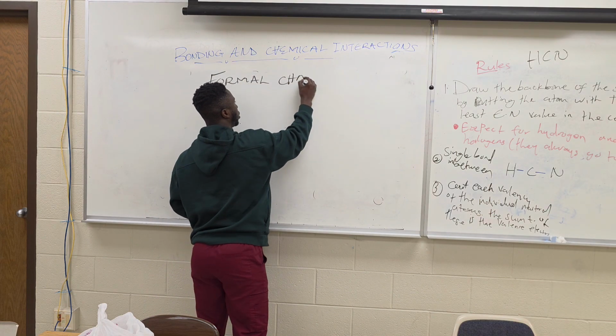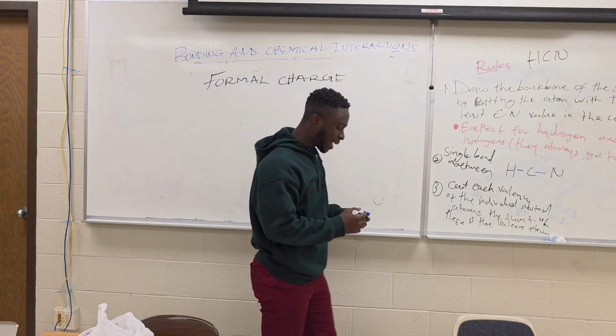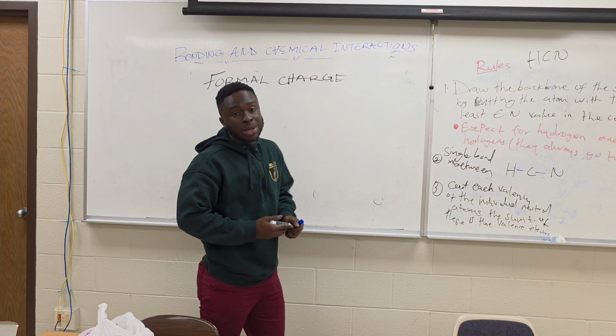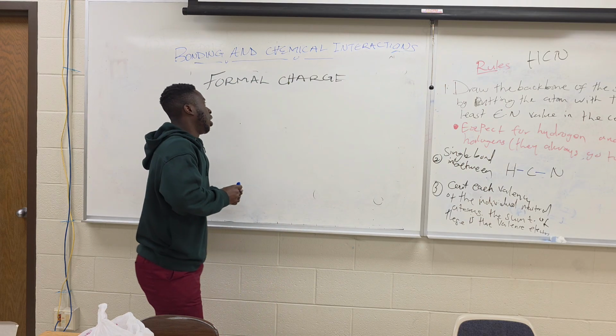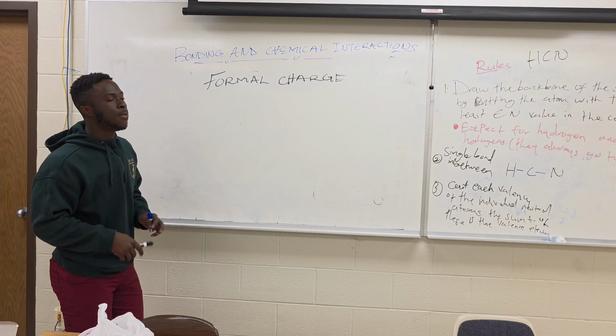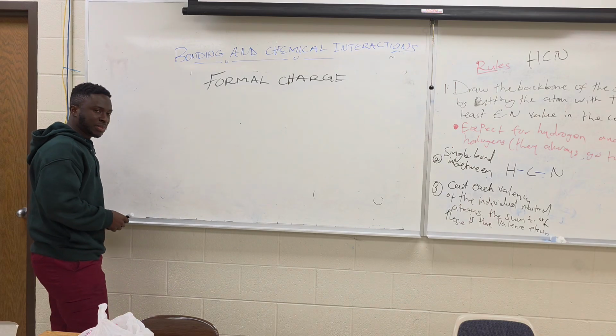Formal charge. Now, in any MCAT question, you can be tasked to calculate the formal charge on the central atom or the surrounding atoms, or the bonding atoms. If you want to calculate the formal charge, there are three ways you could go about it, right?